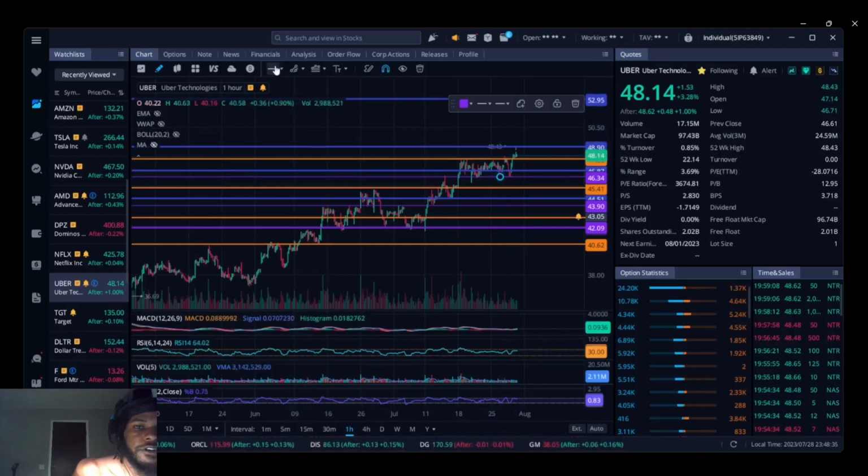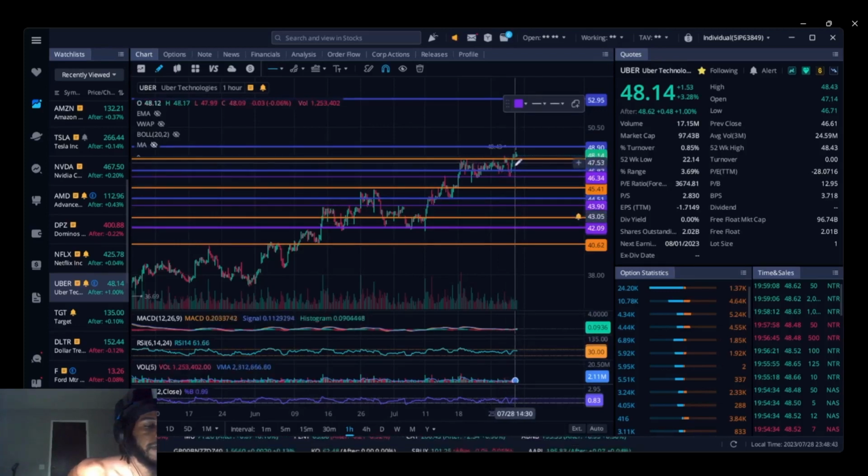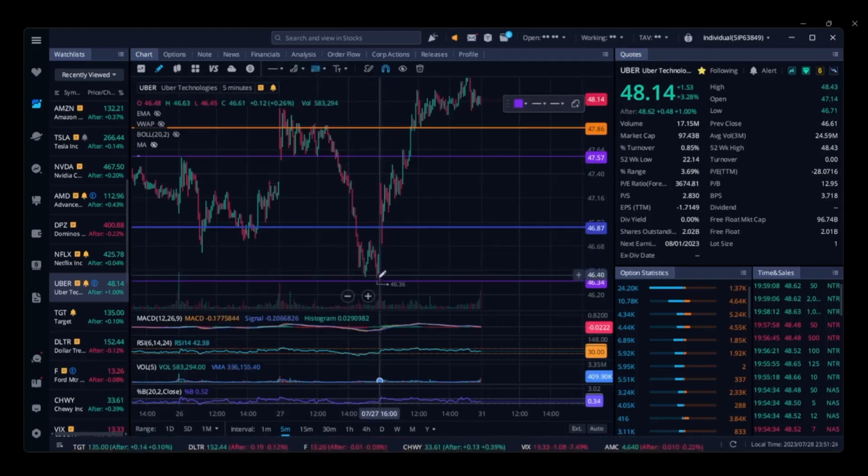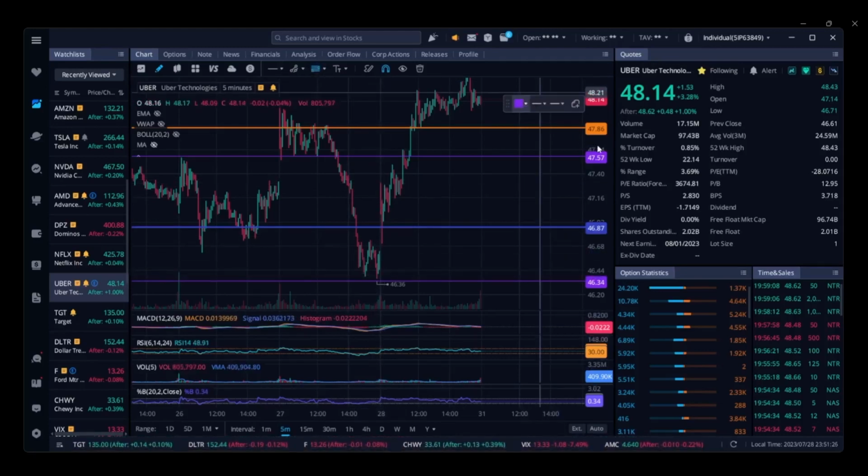That is a strong area. That means when price gets to this area, there are going to be a lot of buyers or sellers. It's going to be a big movement. Now let's see what area the Fibonacci falls closest to.